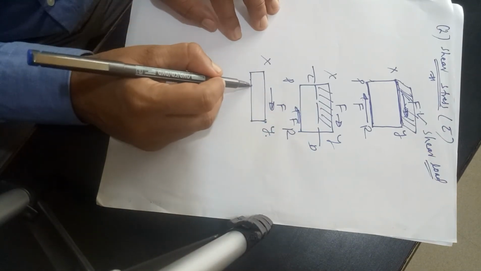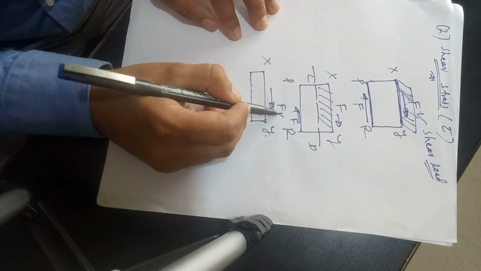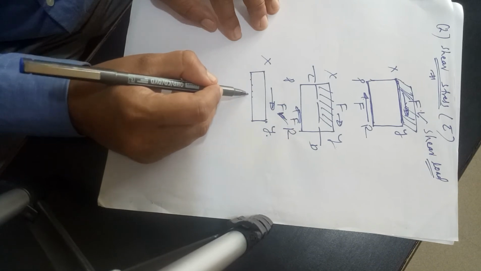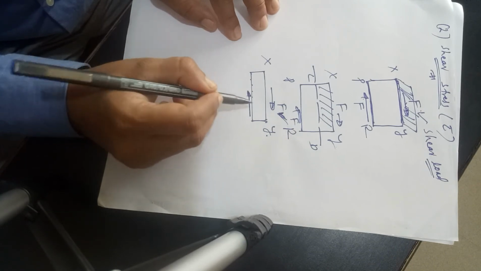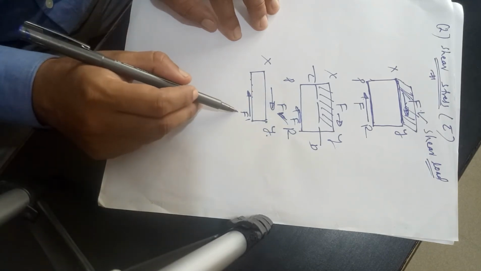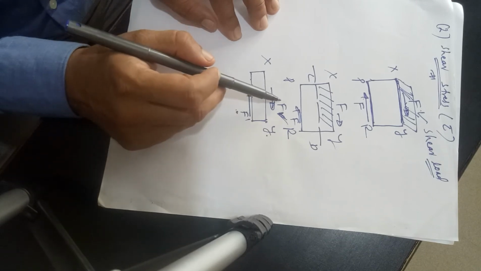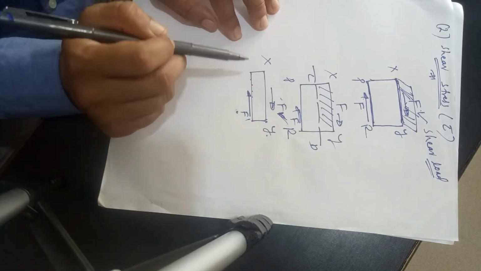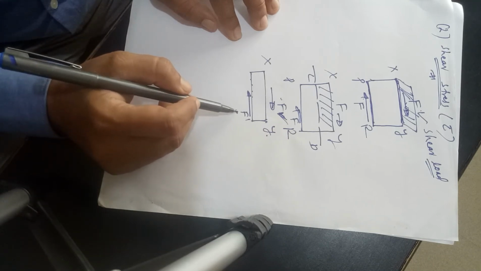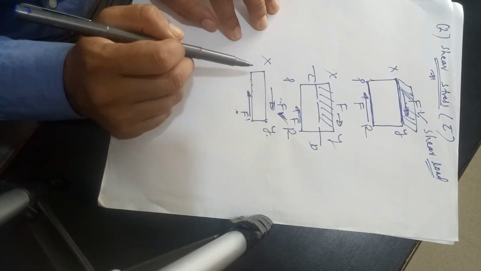So internally what is going to happen? Forces will be set up in order to oppose the externally applied load. That force will be exactly opposite to the externally applied load. This is an internally developed force. Sorry, this is an externally applied load. This internally developed force is exactly opposite to the externally applied load.